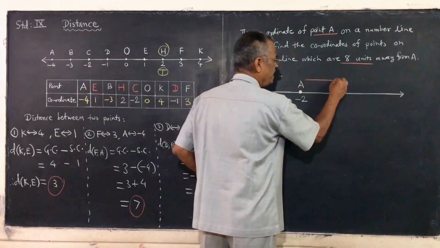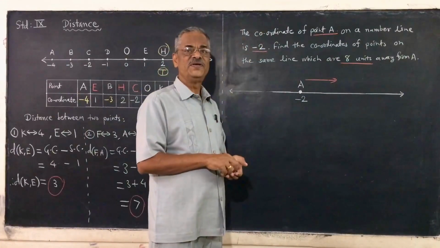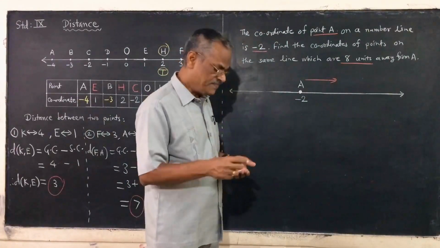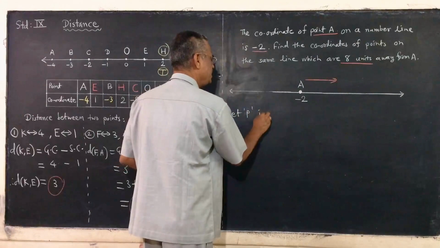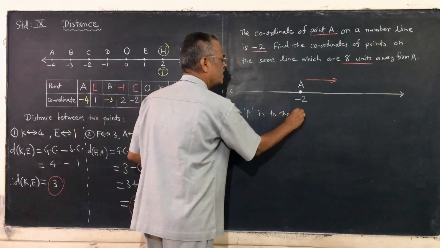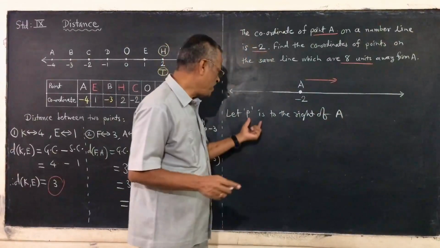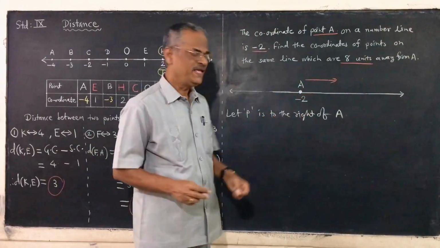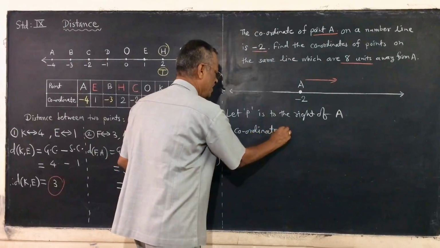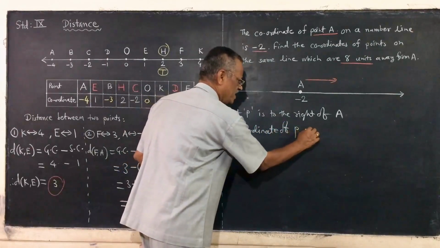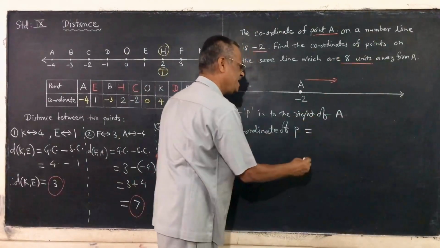We can go to the right hand side at distance 8. Let that point be P. So let P be to the right of A. Therefore, how to calculate the coordinate of P which is to the right hand side?